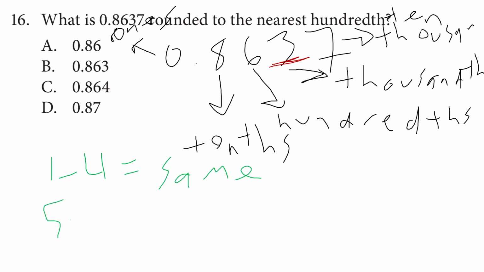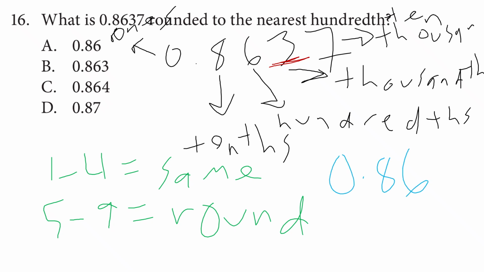And if it's 5 to 9, round up. So since the number to the right of the hundredths place, or the 6, is a 3, that means that the 6 stays the same. So our answer is going to be 0.86, or A.